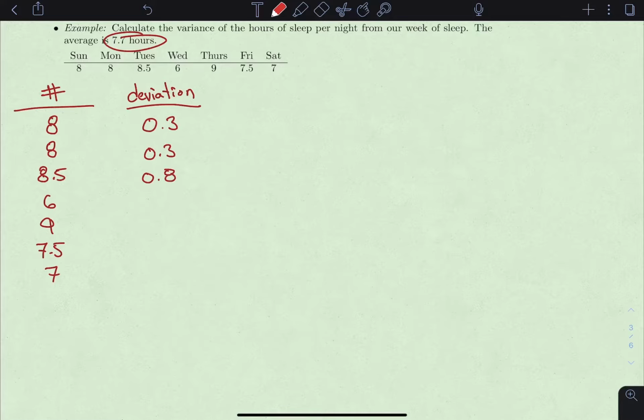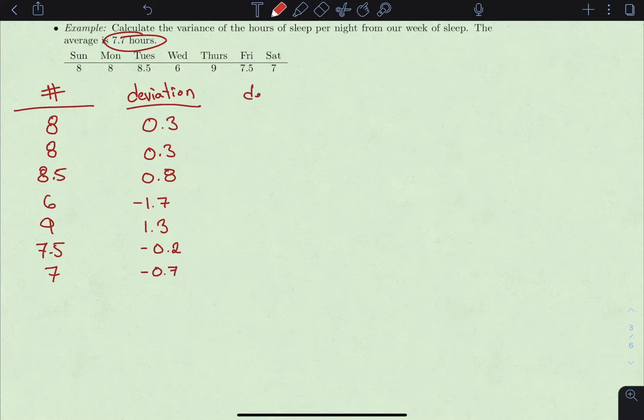I'm doing 8 minus 7.7. 6 minus 7.7 is negative 1.7. 9 minus 7.7 is 1.3. 7.5 minus 7.7 is negative 0.2. And 7 minus 7.7 is minus 0.7.